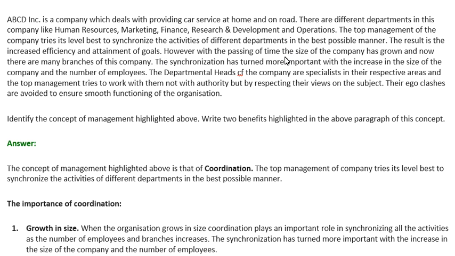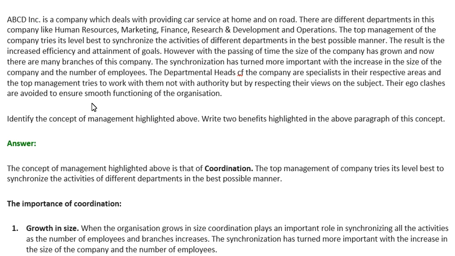However, with the passing of time, the size of the company has grown, and now there are many branches of this company. The synchronization has turned more important with the increase in the size of the company and the number of employees. The department heads of the company are specialists in their respective areas, and the top management tries to work with them, not with authority but by respecting their views on the subject.